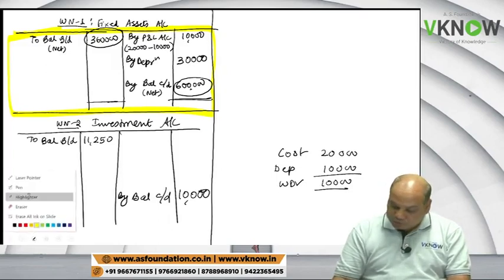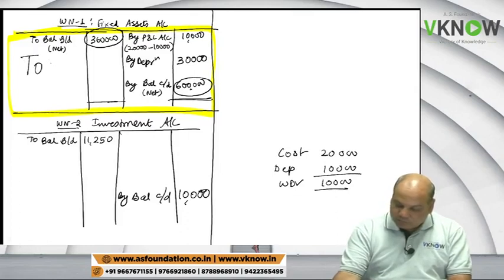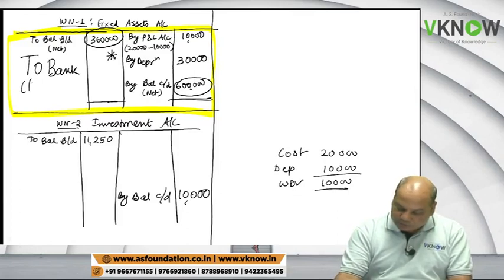We are getting a difference on the debit side. To bank, balancing figure.